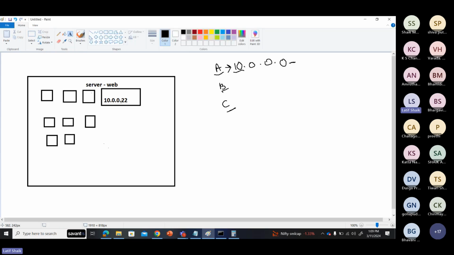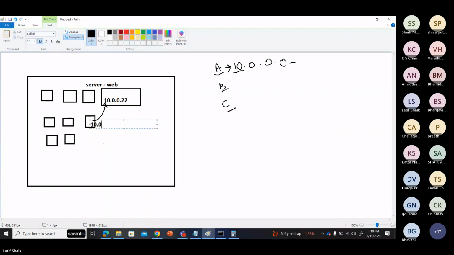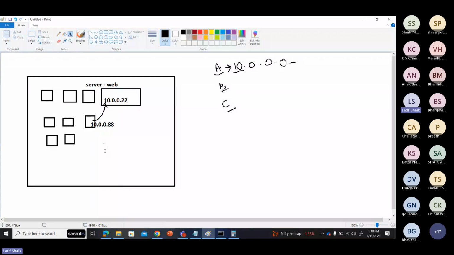This is my server IP address. This is my local PC, an entirely local system. From here to here it will communicate because both are in the same network ID, private to private. Within the same private network, they can communicate.